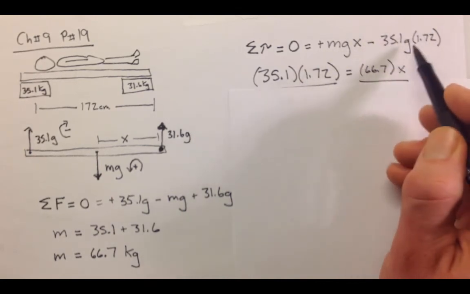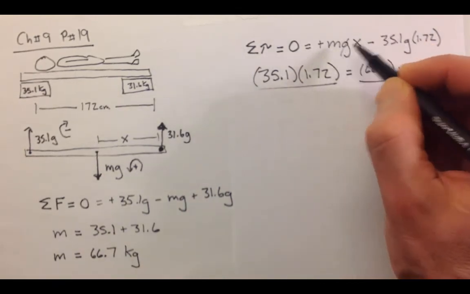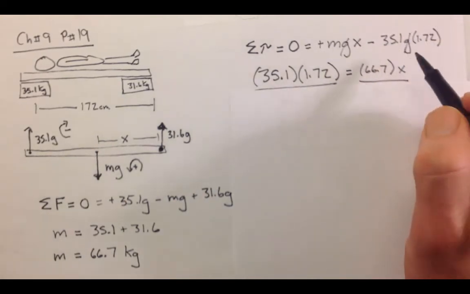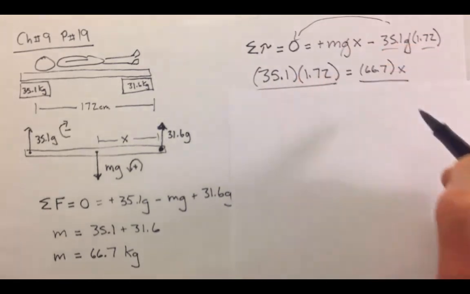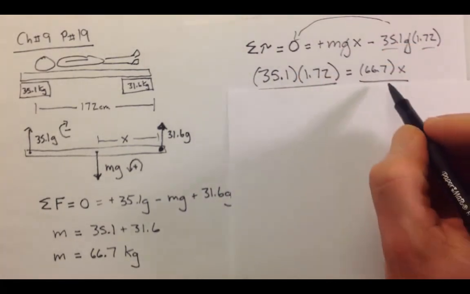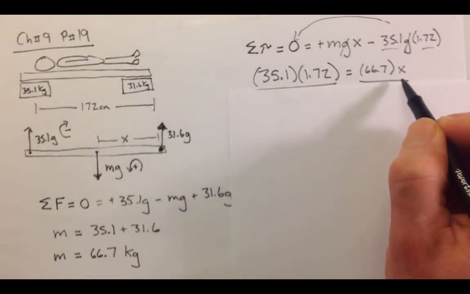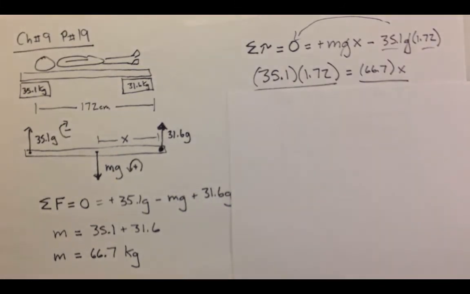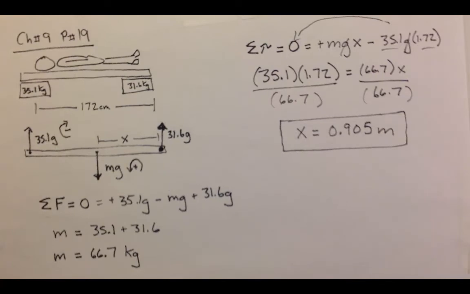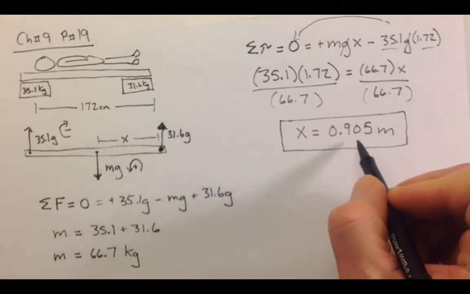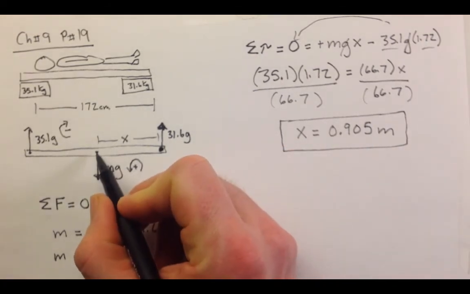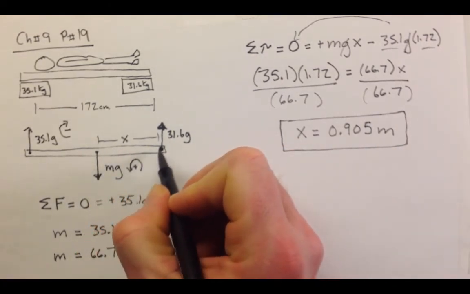I canceled out the g's, and then I brought this term to the other side of the equation and made it positive. x is what we're solving for, and dividing by 66.7, I get that this person's center of mass is 0.9 meters away from their feet.